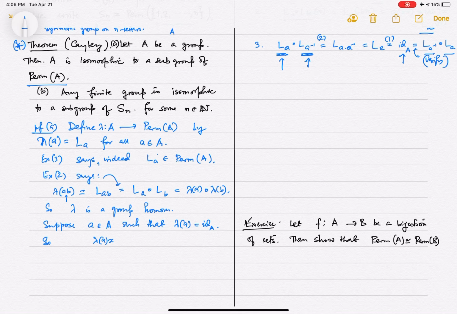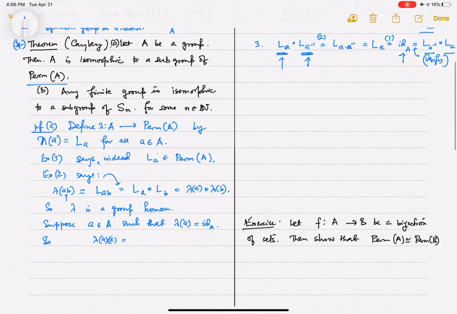Lambda a x, which is L sub a x, is the same as identity applied to x, which is just x. On the other hand, this is ax, and this is for all x. So in particular, a times identity is identity.